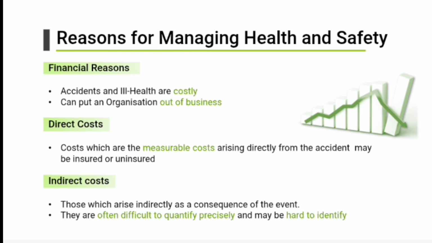By effectively managing health and safety, organizations can minimize the financial impact of accidents and ill health. Implementing preventive measures, such as conducting regular risk assessments, providing appropriate training, maintaining equipment, and fostering a safety-conscious culture, can help reduce the likelihood of incidents occurring and mitigate associated costs.